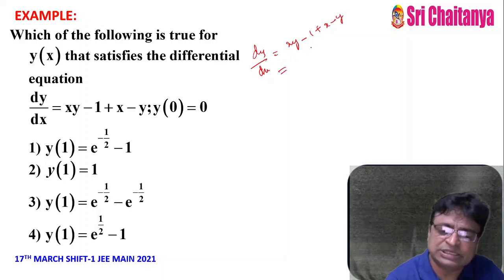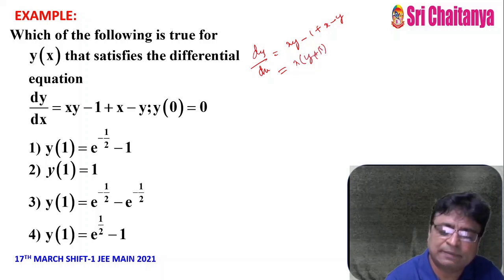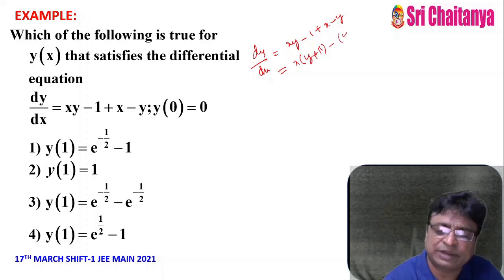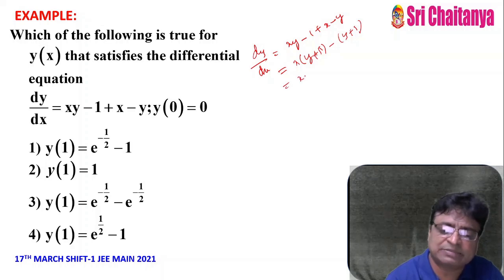So what I am doing now is taking x as common. This is x (y plus 1), minus common (y plus 1). So this becomes (x minus 1) into (y plus 1).